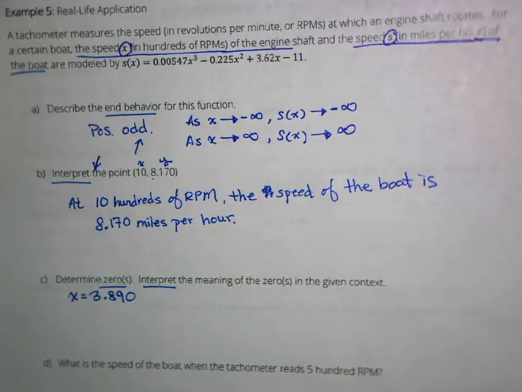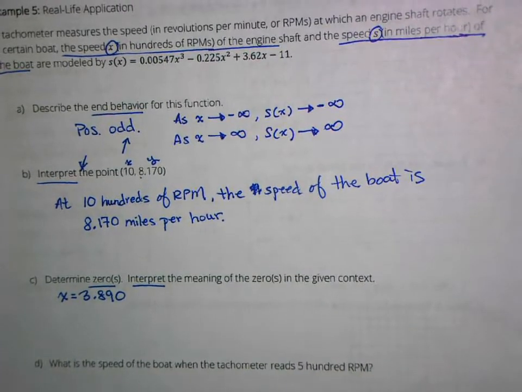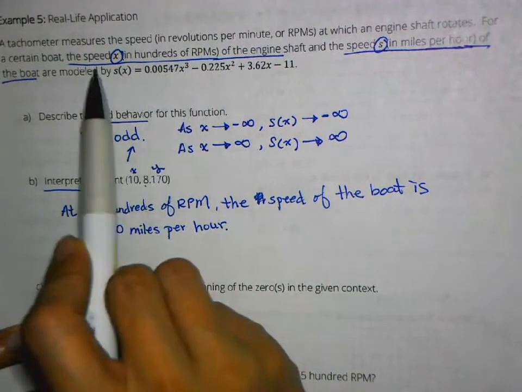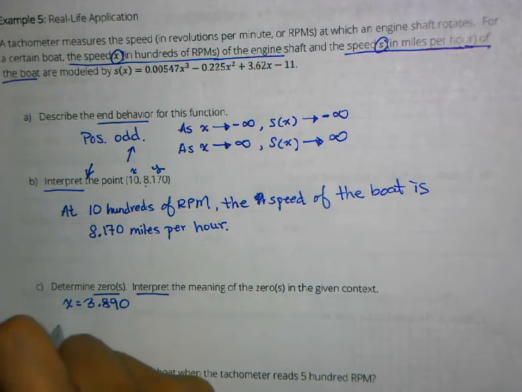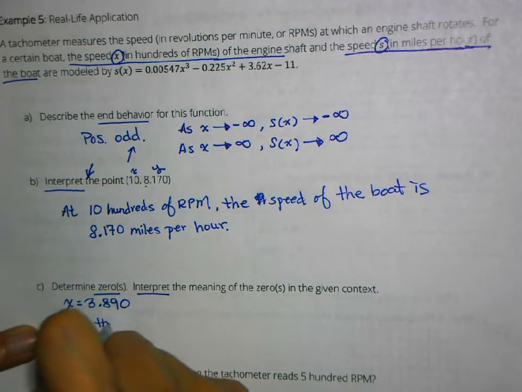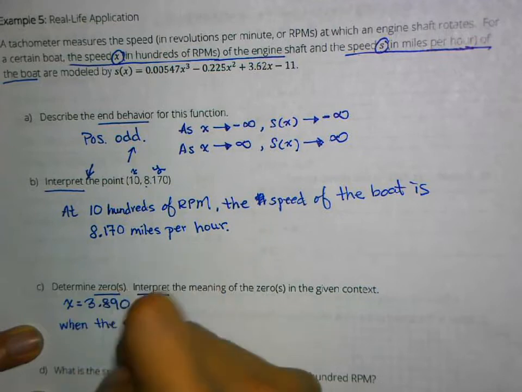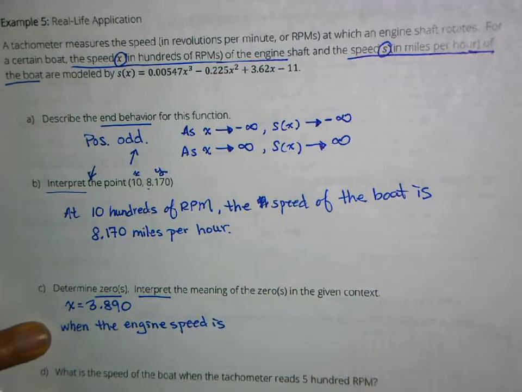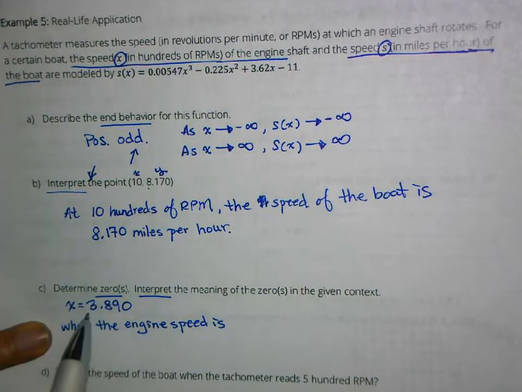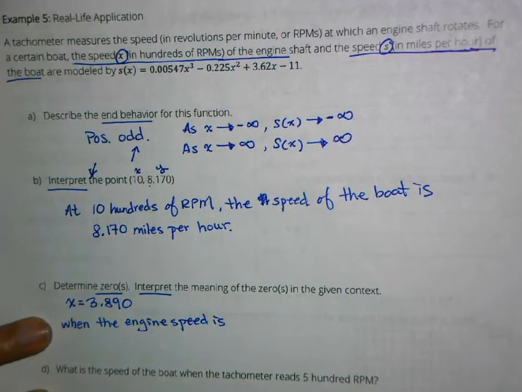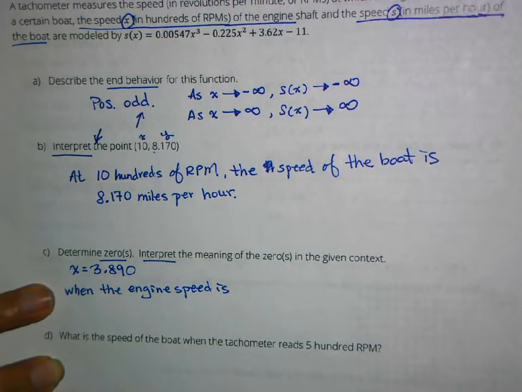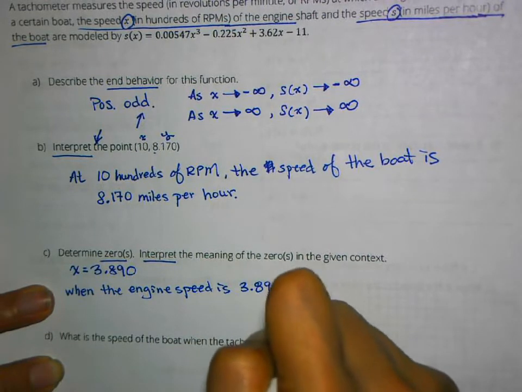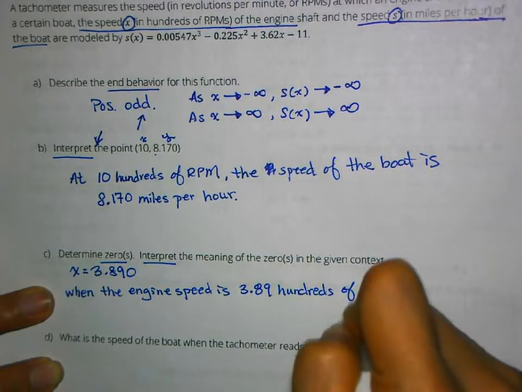Another interpret: the meaning of the zero in the given context. Well, remember what we said? We said that the x is the speed of the engine. So we can say when the engine speed is, well, it's in hundreds of RPM, so 3.89 hundreds of RPM, or you can say 389 RPM.